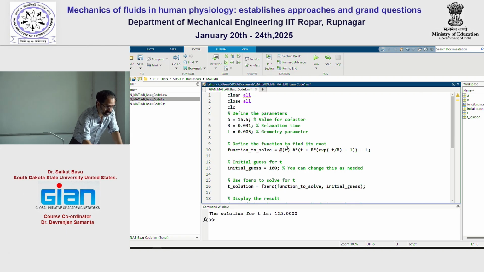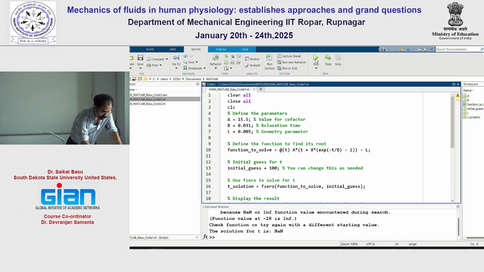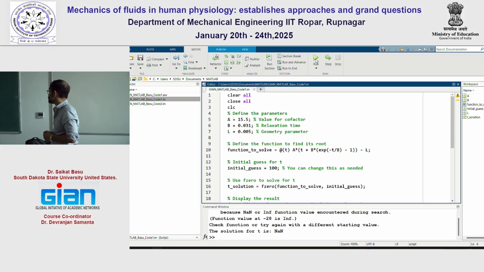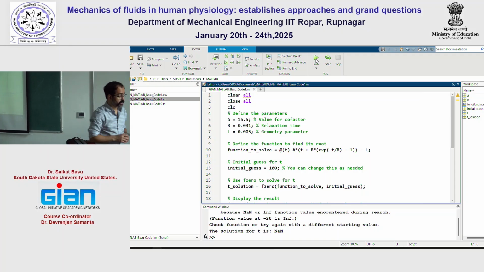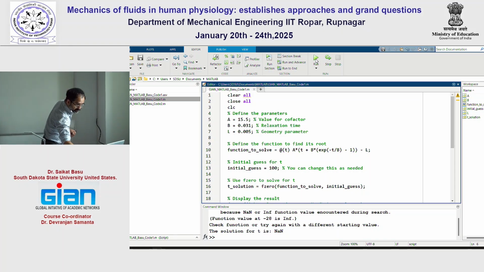Now this one, if I keep this same initial guess, let's see what happens then. We don't have a converged solution because this is a much bigger particle. It's not going to take that long of a delta t before hitting that condition over there. So let's make this smaller. Let's make the initial guess to be 1.